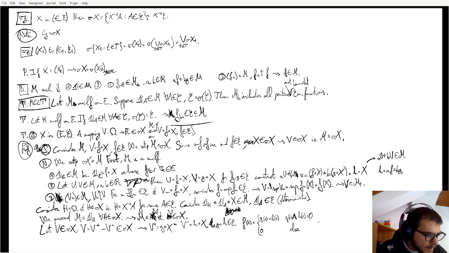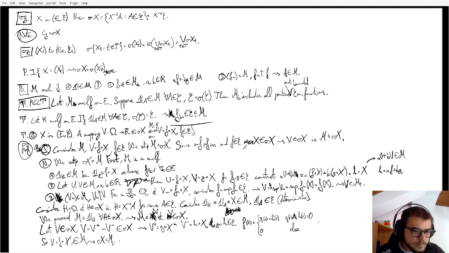Therefore V has the composition form and therefore belongs to M. This means sigma x belongs to M, which is what we wanted to prove. Okay, let's write it. So V has the composition form, so it belongs to M, and this means sigma x belongs to M. Period.